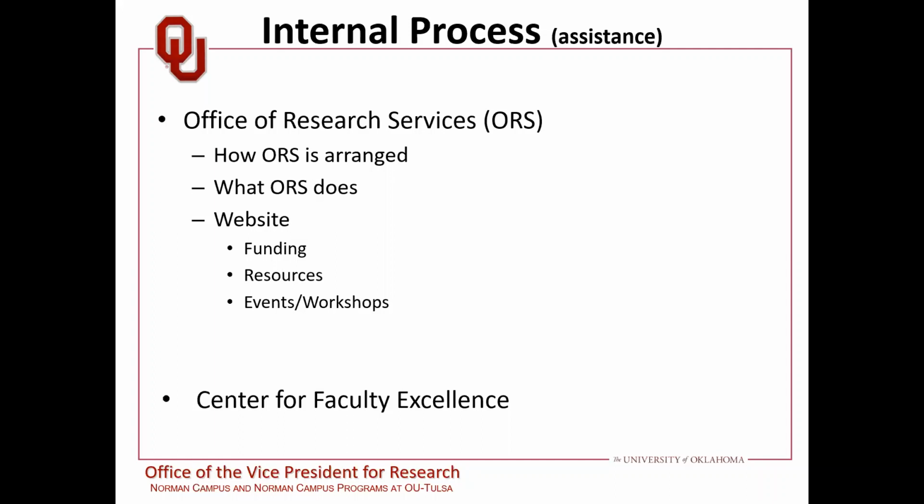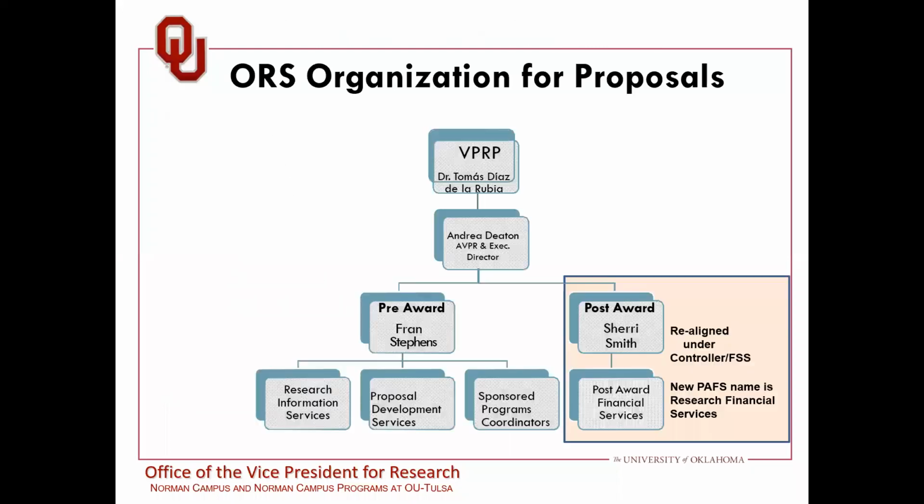So I'm going to talk a little bit about how the Office of Research Services is arranged and the Center for Faculty Excellence. There have been a lot of changes lately. I don't know how much you've heard. Post-award and pre-award all used to be under ORS, under the VPR. That was split apart, and post-award is now called Research Financial Services, and they fall under the financial services area.